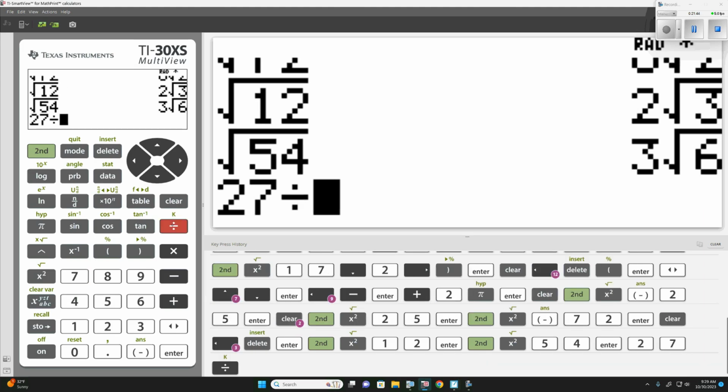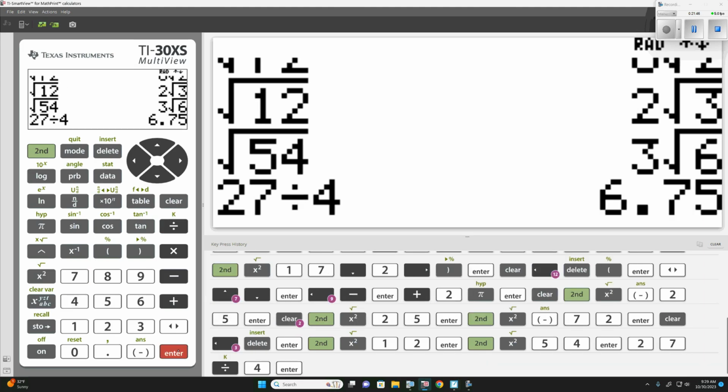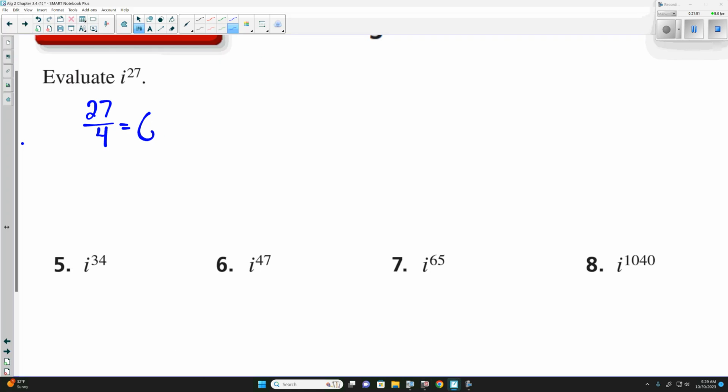Now we can do 27 divided by 4, which gives us 6.75. Yes. Now we don't really care about the 6. 6 just tells us we went through all 4 possibilities 6 times. So we look at 0.75, which is negative I. Because I is 0.25.